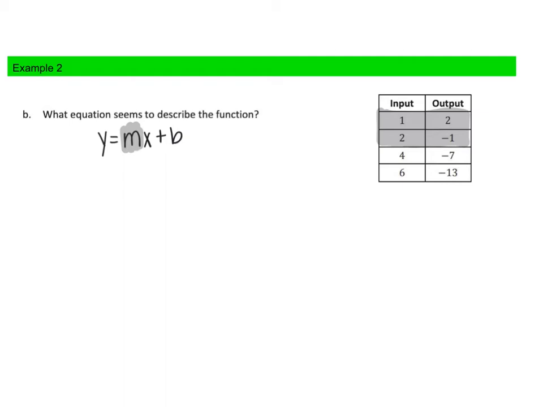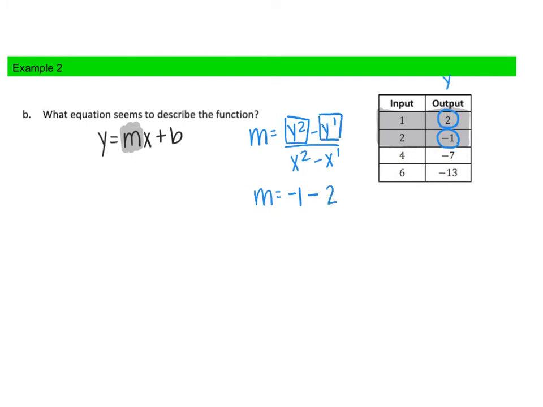So m, our formula again, is y2 take away y1 over x2 minus x1. I'm just going to solve this out right here. My second y value was negative 1, so in my y2 position there's going to be a negative 1, minus my y1, my first y, which is a 2.